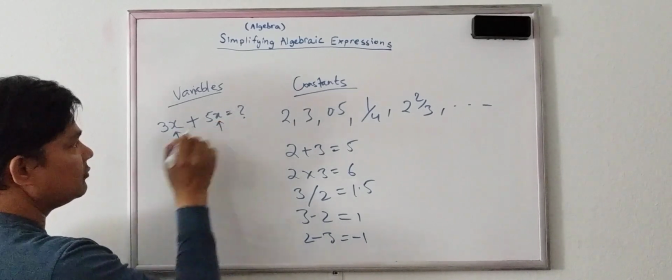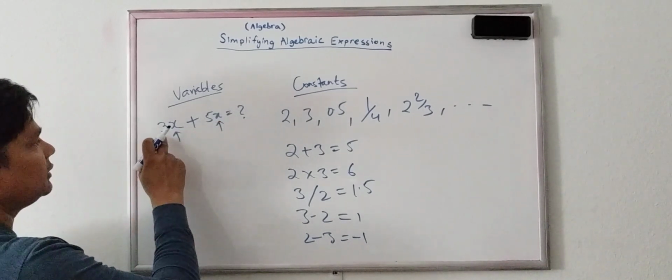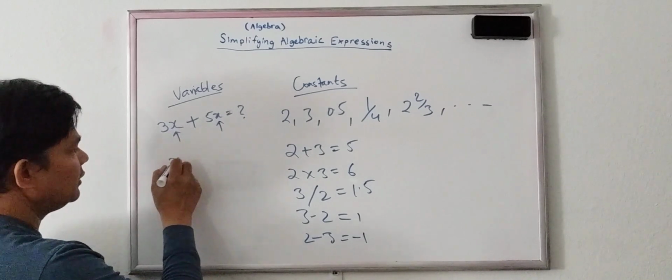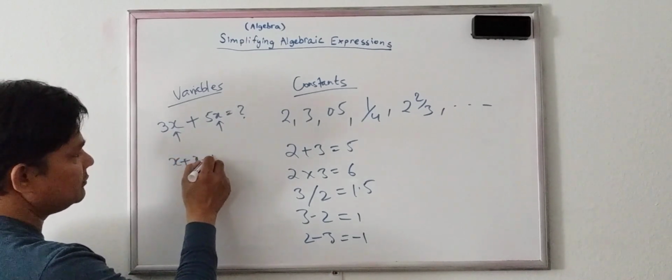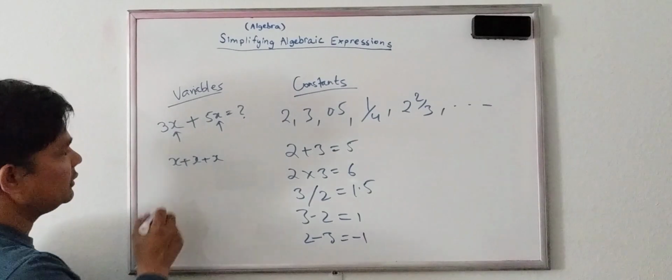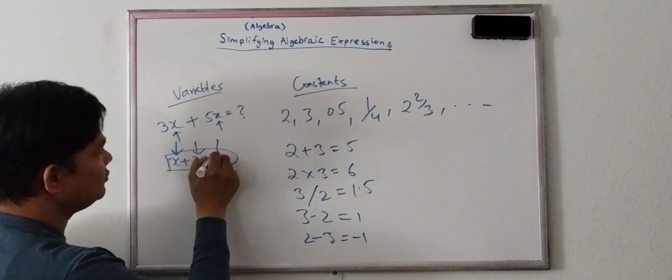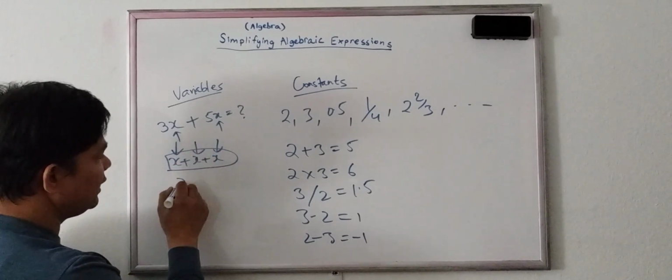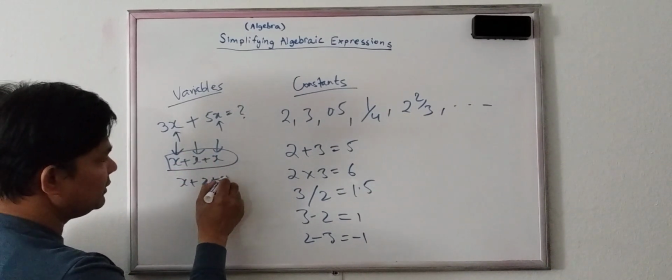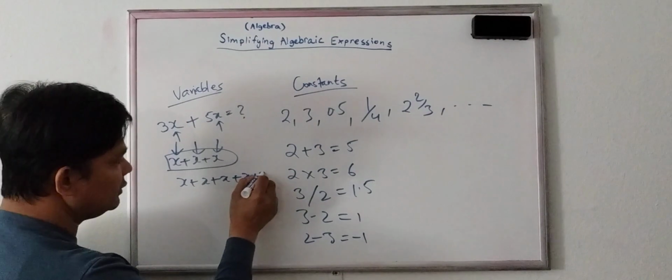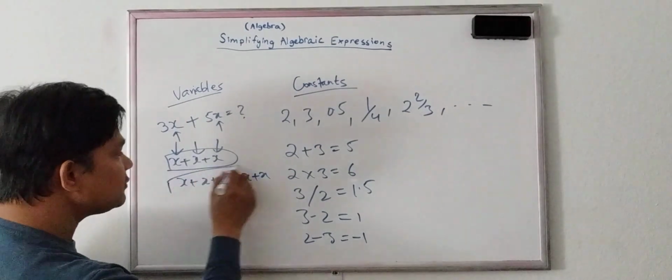Where did it come from? So 3x means you added x plus x plus x, like this. So there are 3 x's. And 5x means the same thing, x plus x plus x plus x plus x, 5 times.